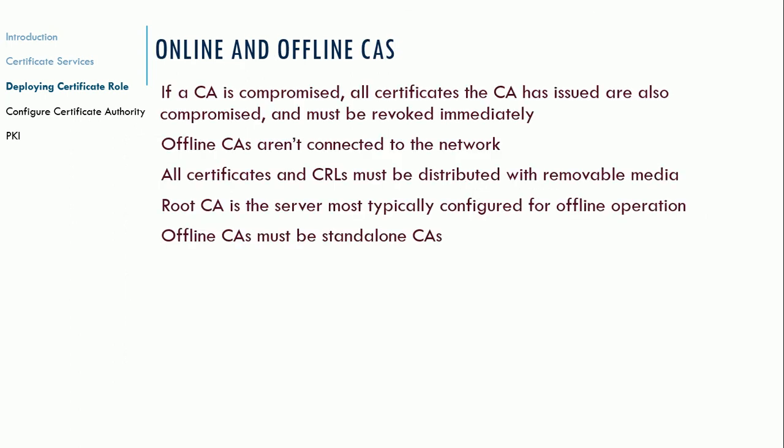So if a CA is compromised, all the certificates the CA has issued are also compromised and have to be revoked, and that's what the CRL does for us. CRLs allow you to revoke a certificate. It's sort of like when you get pulled over after a couple drinks and you get a DWI and they revoke your driver's license.